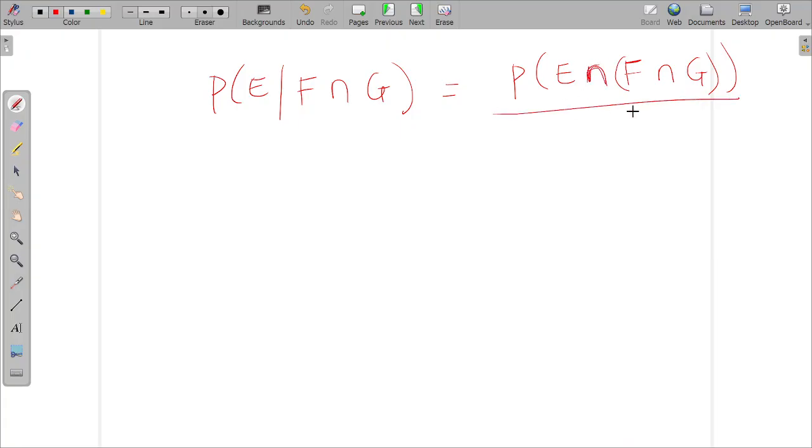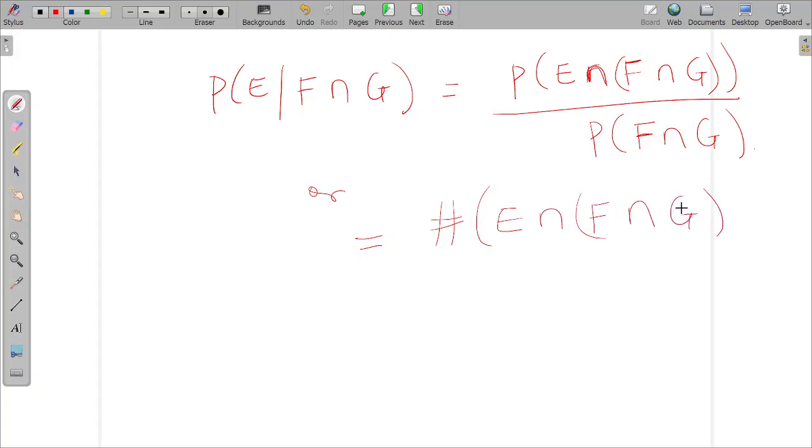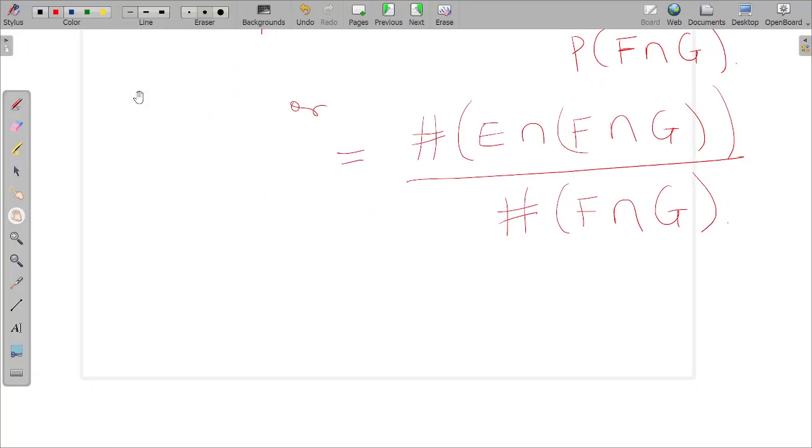All over the probability of F intersect G. Or this is the same thing as the number of E intersect F intersect G, all over the number of F intersect G.